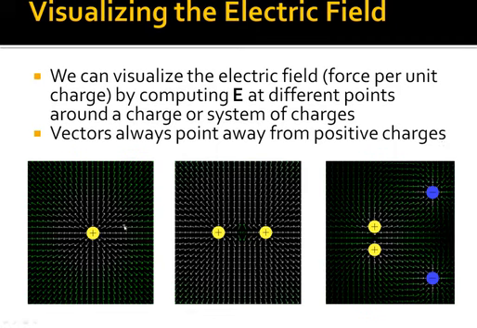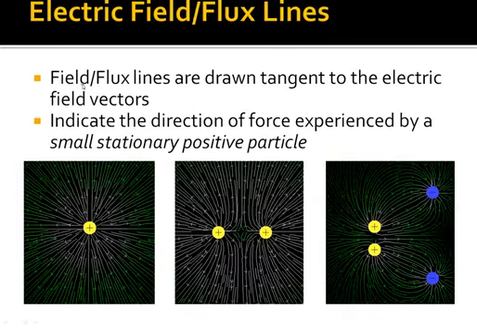So you can see for a couple of different systems of point charges here how the electric field is going to look. We can also visualize this using electric field flux lines. So we can draw lines that are tangent to the electric field vectors, and these field flux lines indicate the direction of force that would be experienced by a very small positive particle that's placed into the field.